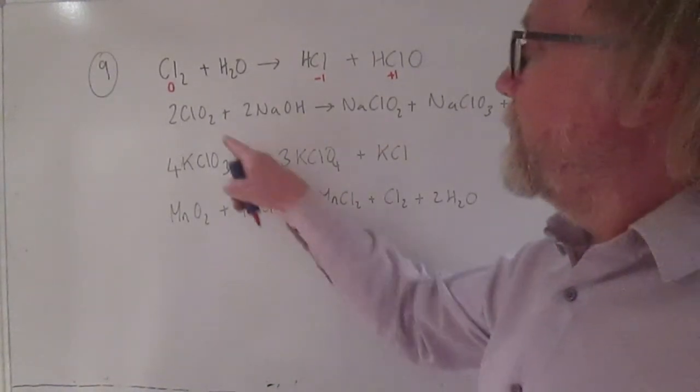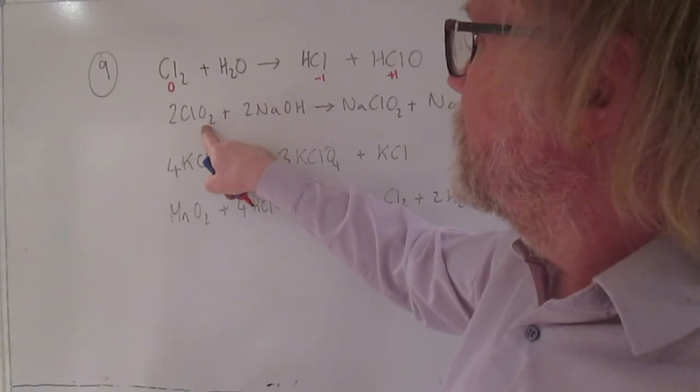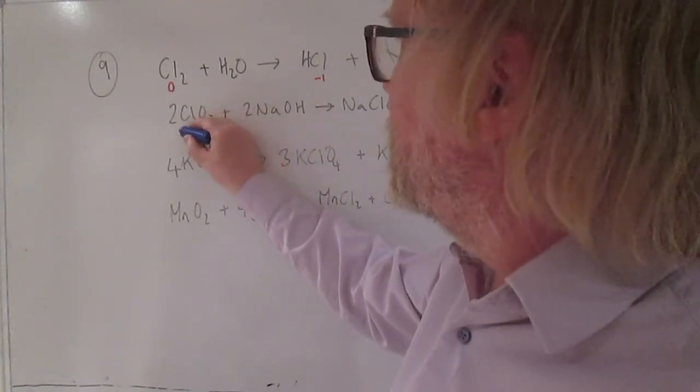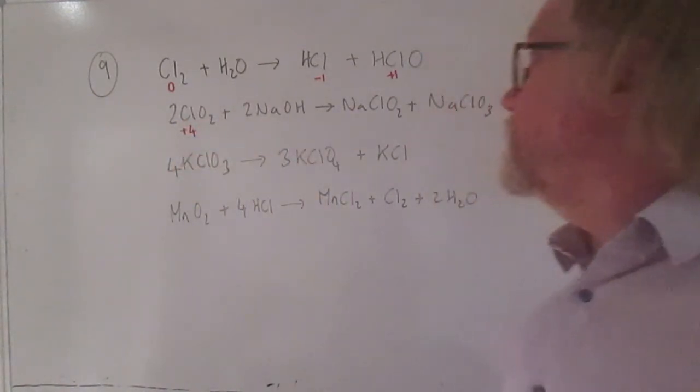With this one, 2 oxygens takes you to -4, and so the chlorine here is +4 to make that lot balance out because it's a neutral compound.